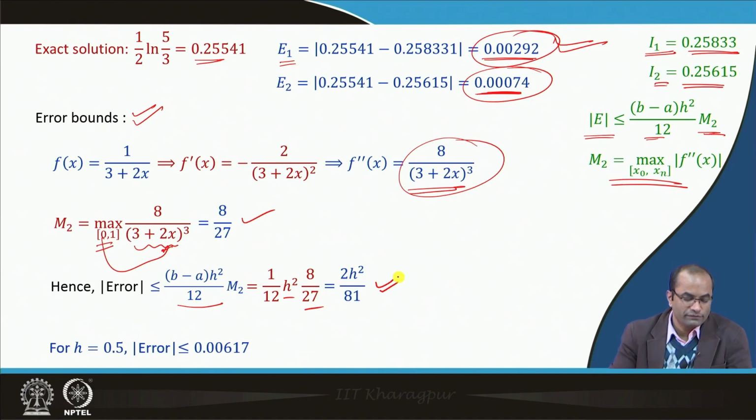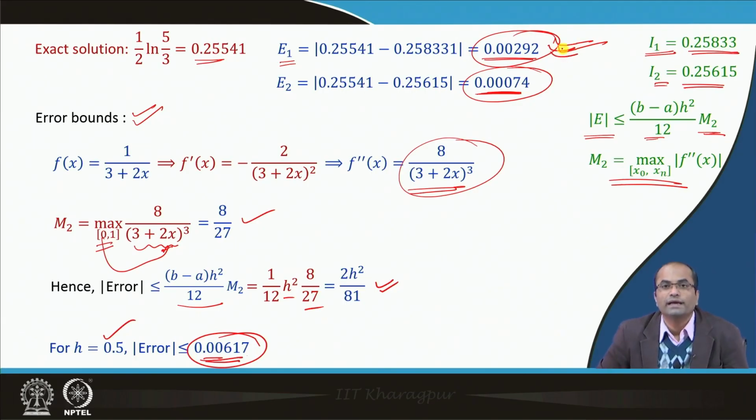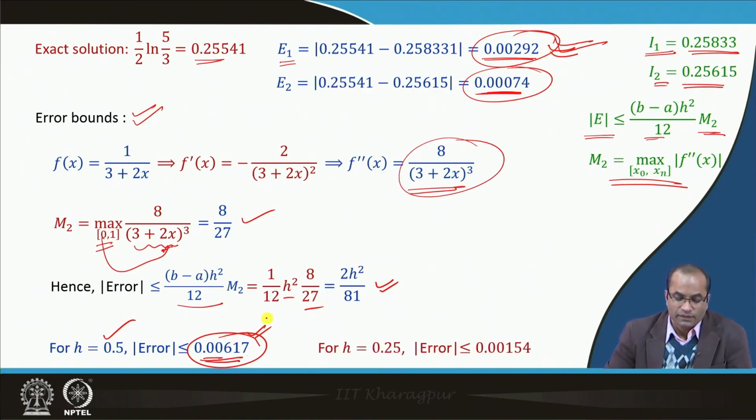One was where we have taken h equal to 0.5. The error bound says that the error will be less than 0.00617. The actual error was 0.00292. So, naturally the actual error is less than the bound given in this case.